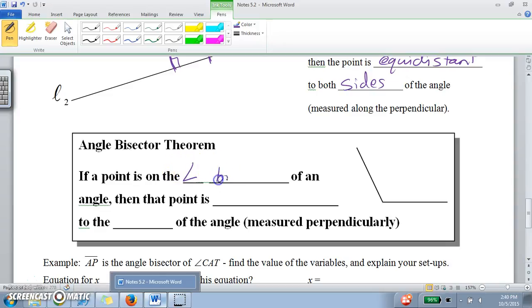If a point is on the angle bisector of an angle, then the point is equidistant to the sides of the angle if you measure it perpendicularly. So if we've got an angle bisector, two congruent angles, then a point is going to be the same distance away from both of these sides if I measure it at a right angle.